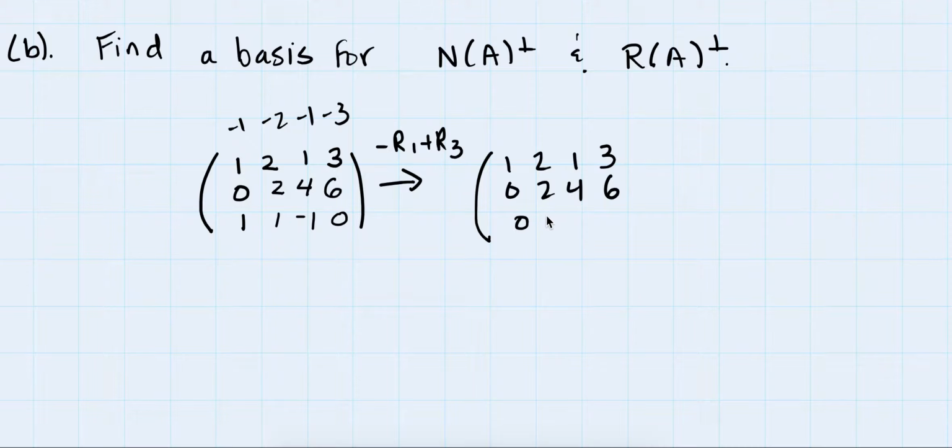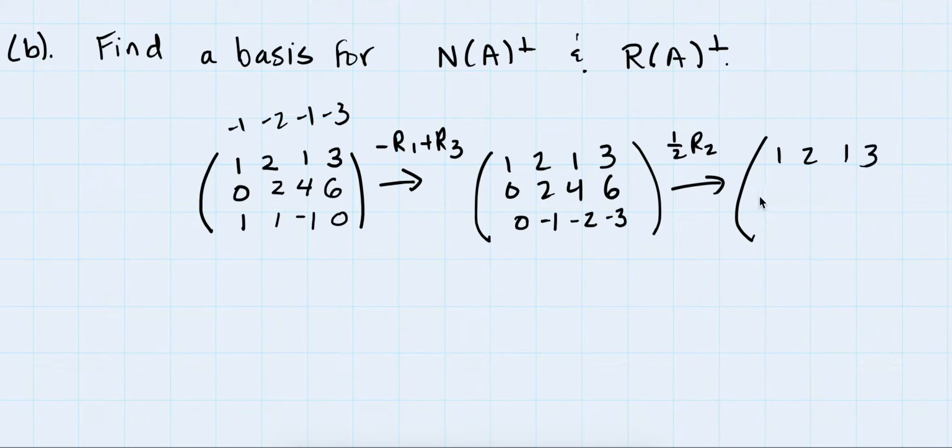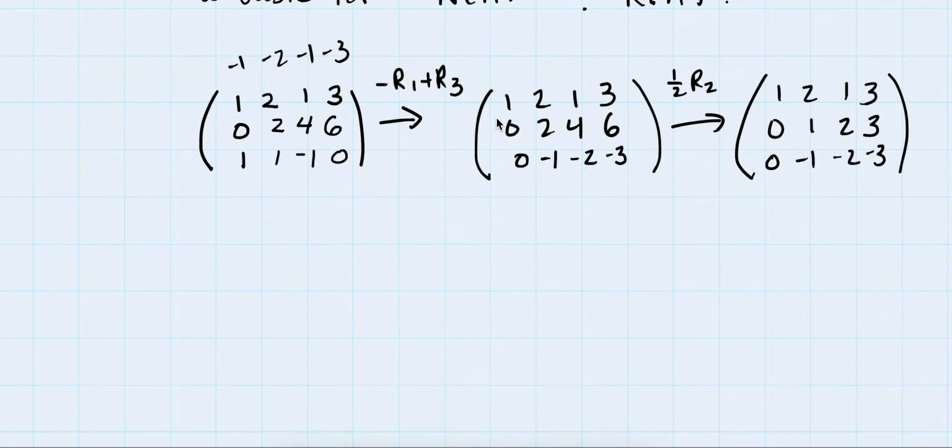I get 0, negative 1, negative 2, negative 3. And then I'm going to divide this row by 2, so 1/2 of row 2. And then I'm going to get rid of this third row by adding row 2 to row 3.